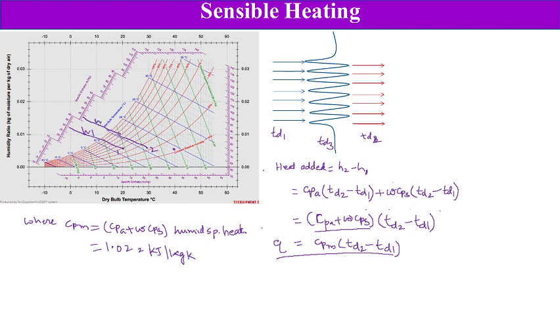This is H2, so this is H1, H2. So this process from point 1 to point 2 is known as sensible heating. So here H3 is the enthalpy corresponding to TD3.